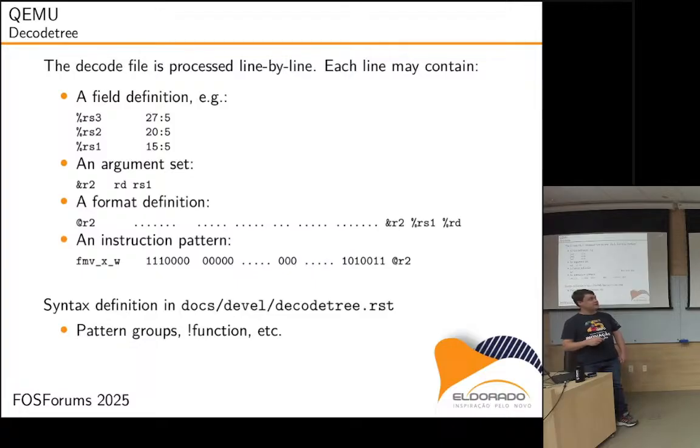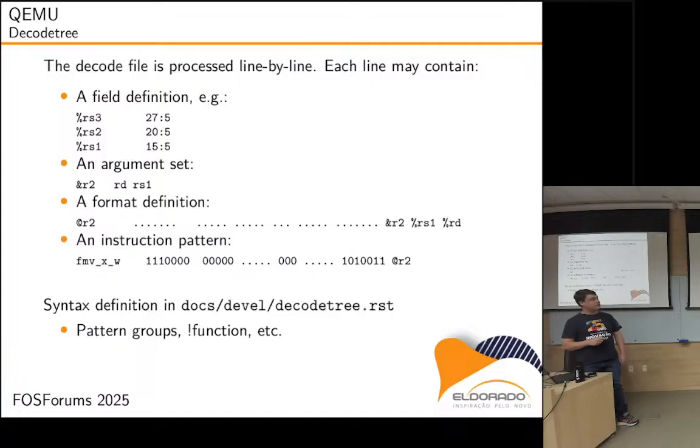So it starts at bit 27 and it goes for 5 bits, so 27, 26, 25, and so on. That's a 5-bit integer that will be parsed by the decode tree. You have argument sets that say what are the names of the fields of your opcode. You have a format definition where you can have some fixed bits, or you can have dots or dashes.